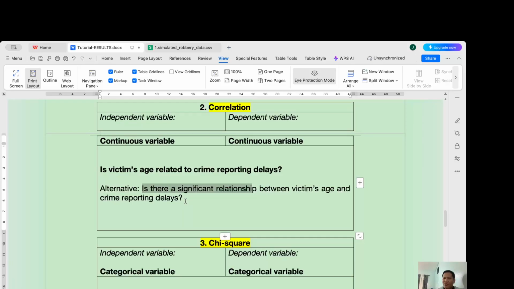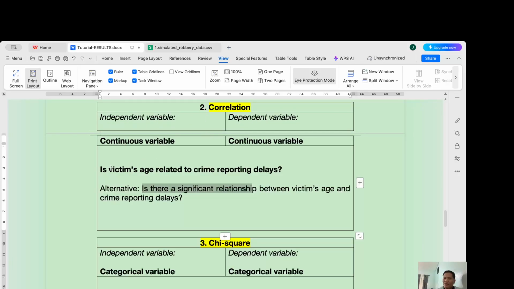And there are two types of relationships of variables, negative relationship and positive relationship. When we say positive relationship, it means if the independent variable increases, the dependent variable increases.